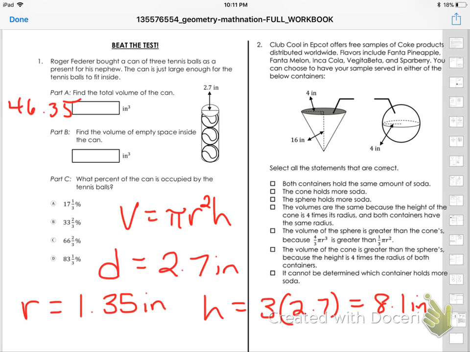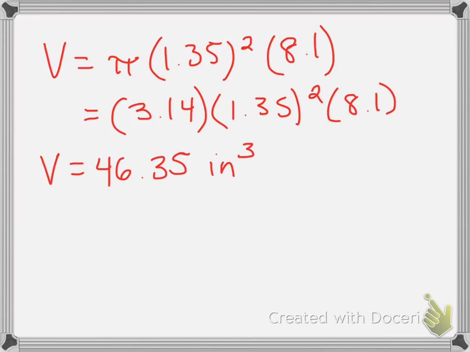Okay, part B. Find the volume of empty space inside the can. Well, inside the can we have 3 balls, which are spheres. So the volume of a sphere is 4/3 pi r cubed. And we're going to have 3 of them.